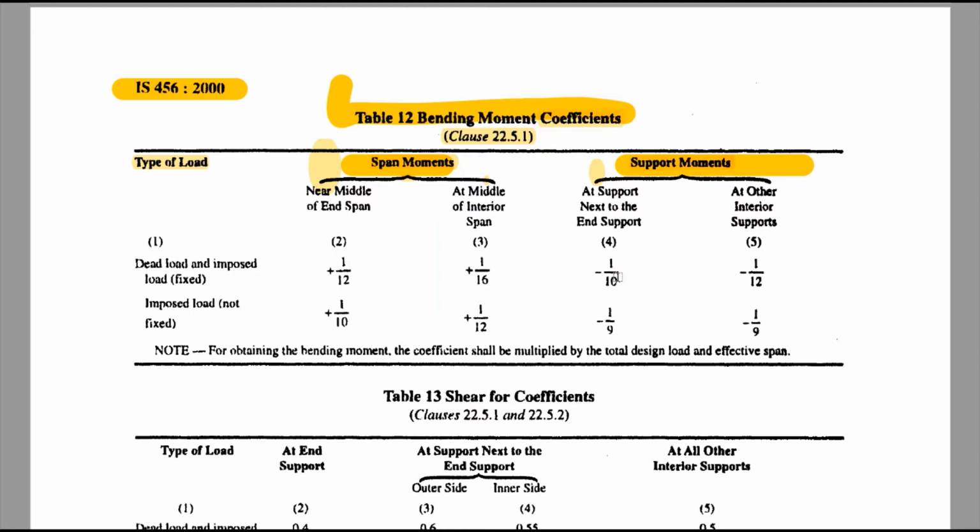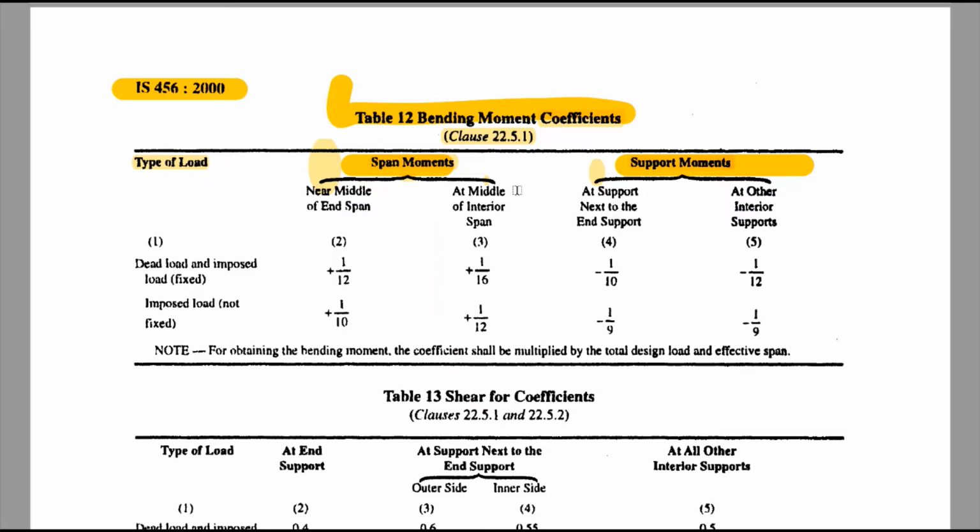I hope you understand how to read this from the previous lectures on continuous beam design or G+3 RC building design. Bending moment coefficient calculation: you remember this, so I will not waste time explaining it.